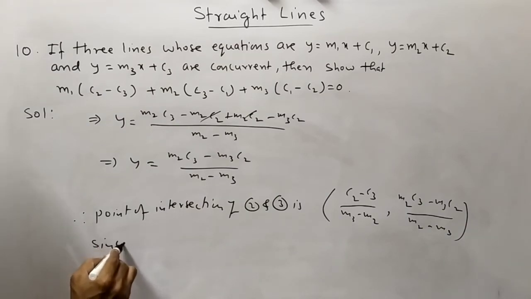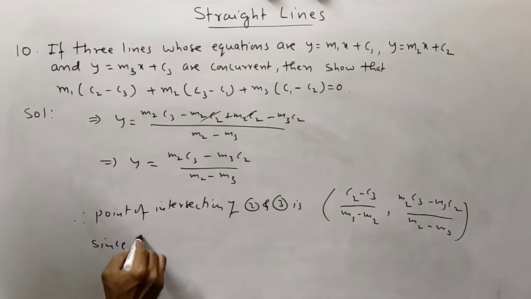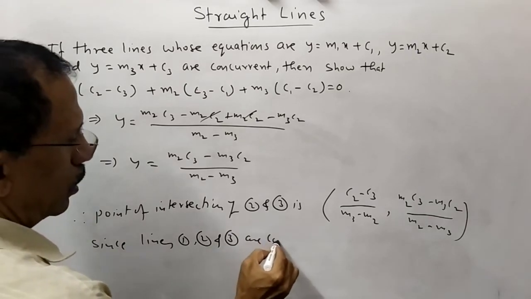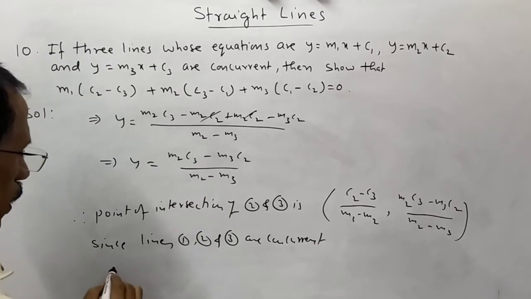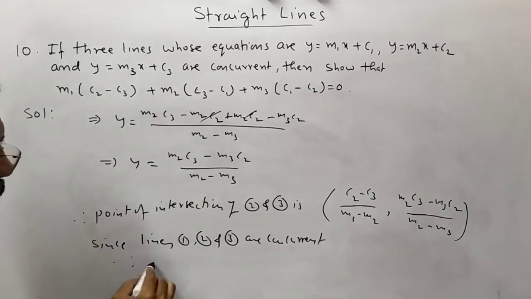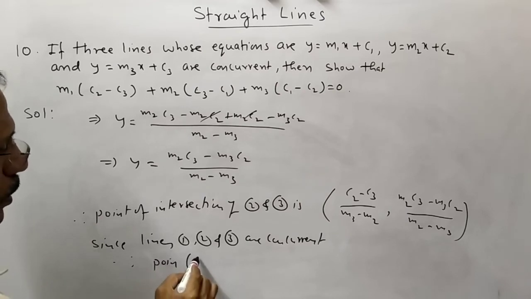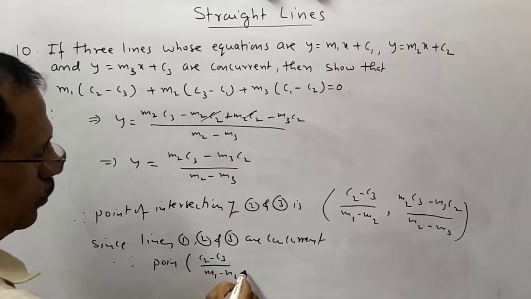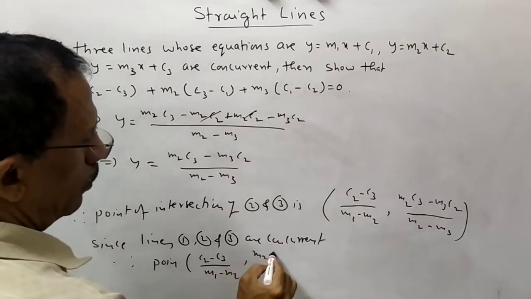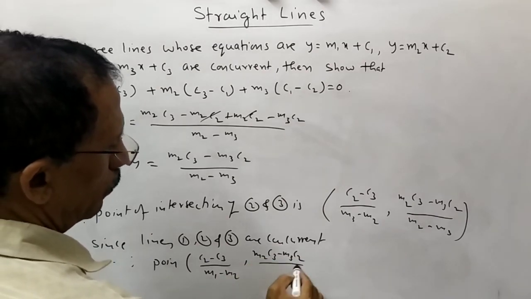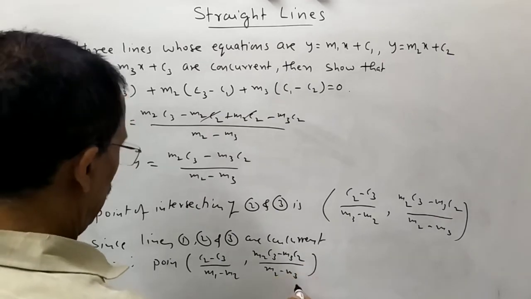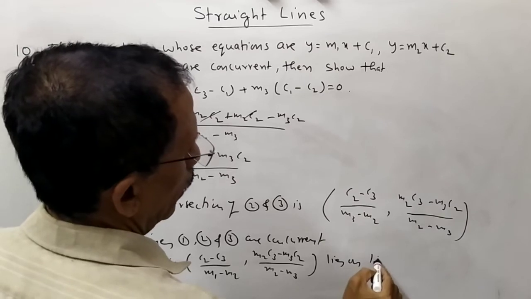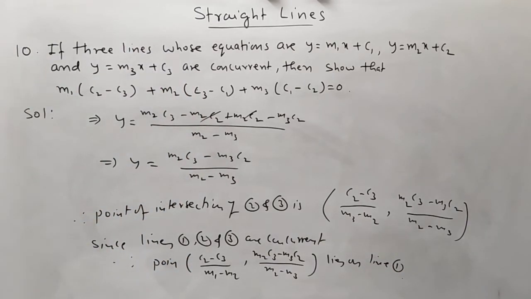Since lines 1, 2 and 3 are concurrent, therefore point with coordinates c2 minus c3 divided by m3 minus m2, comma m2 c3 minus m3 c2 divided by m2 minus m3 lies on line 1.